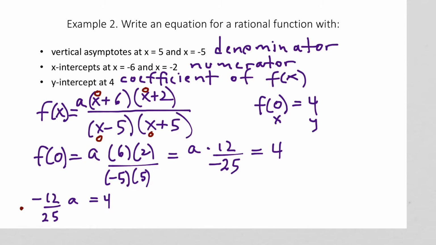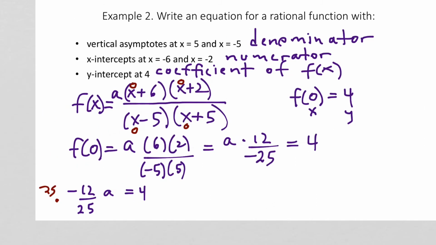So we want that -12 over 25 to disappear, basically. So I'm going to multiply by the reciprocal on both sides. What you do to the left, you do to the right when we're solving.